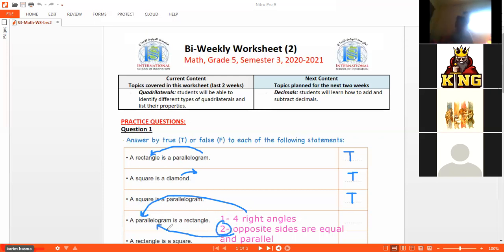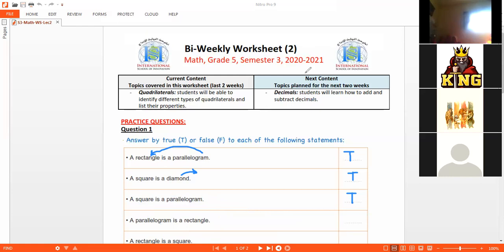So a rectangle is a parallelogram, but a parallelogram is not a rectangle. Excellent job. So is this true or false? False. Perfect, Hala. That's right.